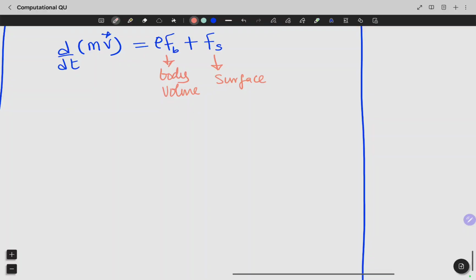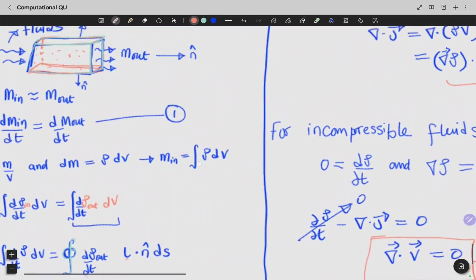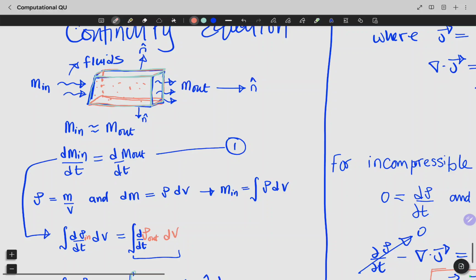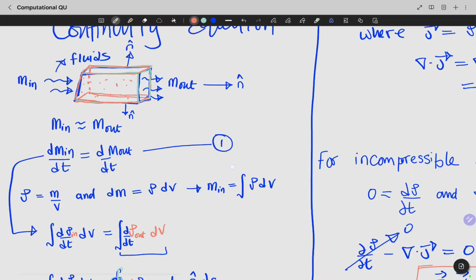Now, to get the total mass, you can integrate across the volume and the surfaces, because it's just like you're now looking at all the surfaces and the volume itself.